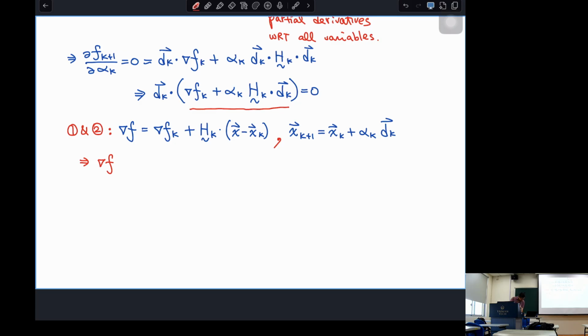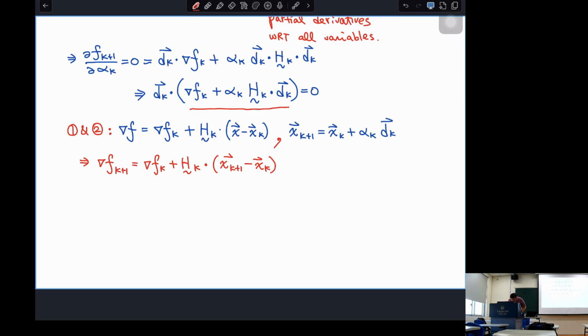Gradient f k plus 1 equals gradient f k plus Hessian k times xk plus 1 minus xk. So all I'm doing right here is just plugging in xk plus 1 to equation 1. And then right here, I can replace what?